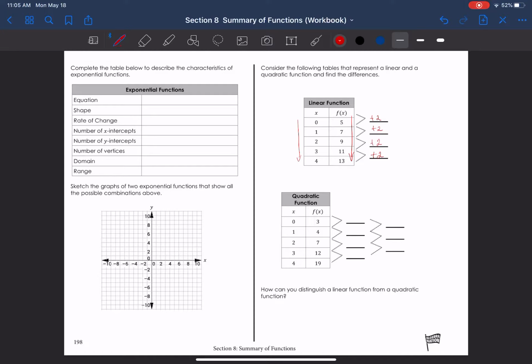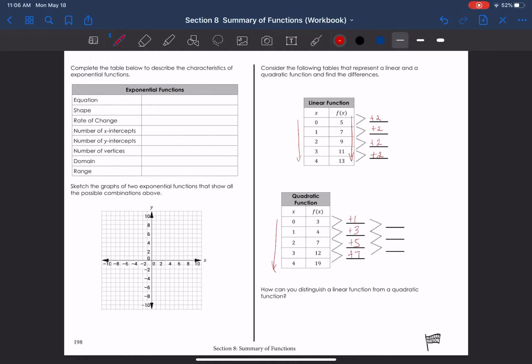Quadratic functions. All right, quadratic functions are a little bit different. You're going to notice that the first time that you find the difference here, so again, x is going up by 1 each time, our f of x went up by plus 1, then plus 3 from 4 to 7. From 7 to 12 would be plus 5, and from 12 to 19 would be plus 7.